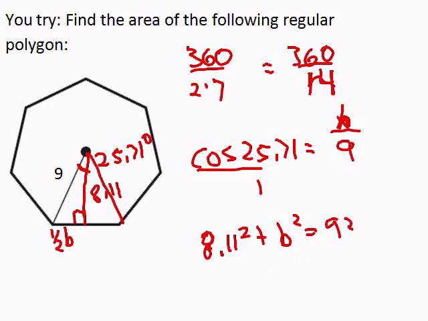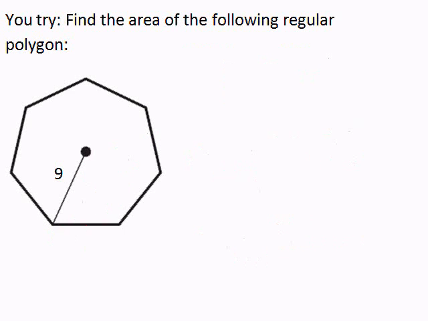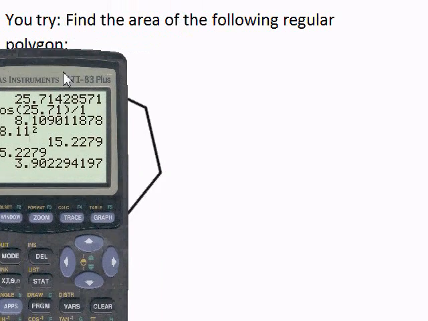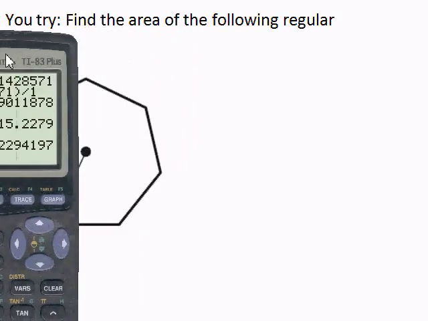So I'm going to get 9 squared minus 8.11 squared, and then take the square root of it. 15.2279 gives me 3.9 as my base.